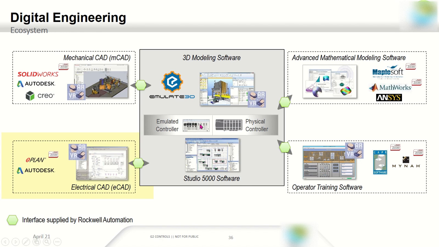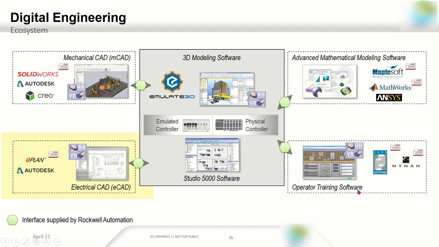Both we can configure with these 3D models, the E-Plan and SolidWorks, and all that data we can transfer from our virtual or physical controller to your analytical software like MapleSoft, MathWorks, and ANSYS. For further analysis, we can transfer data to these software.